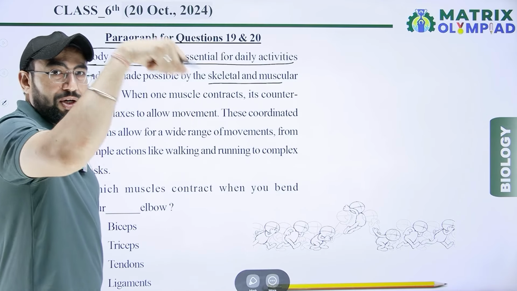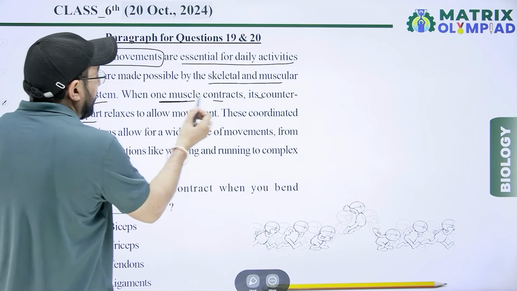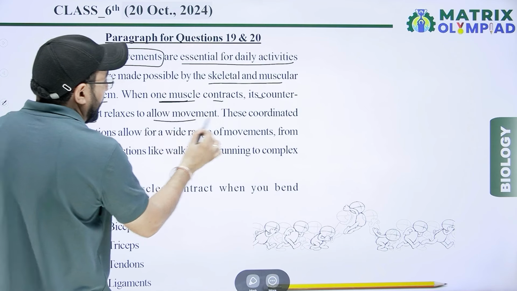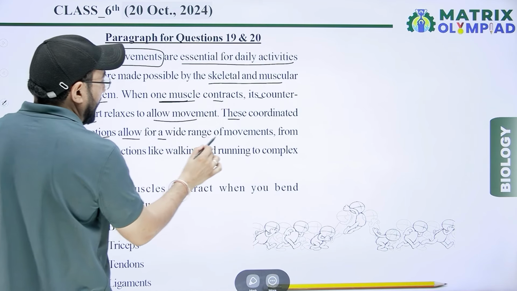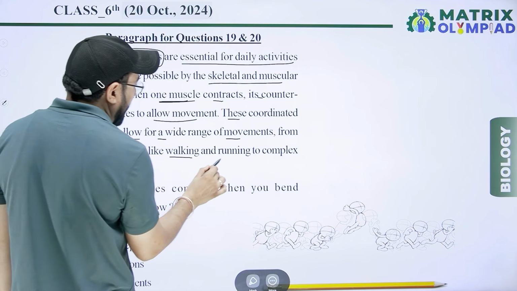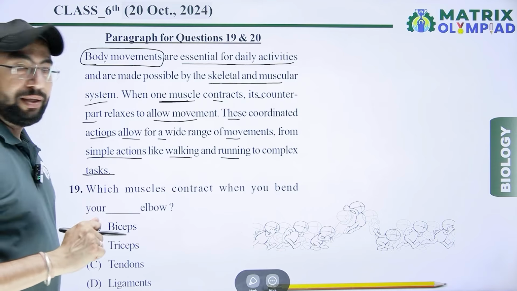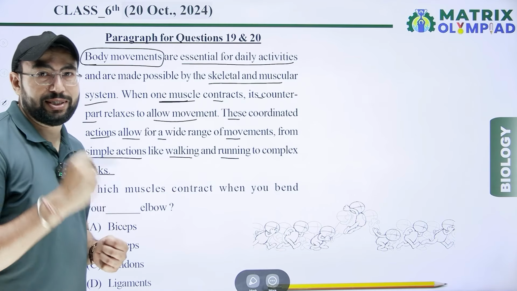When one muscle contracts, its counterpart relaxes to allow movement, and this coordinated action allows a wide range of movement, from simple actions like walking and running to complex tasks. These are related to our skeletal and muscular system.